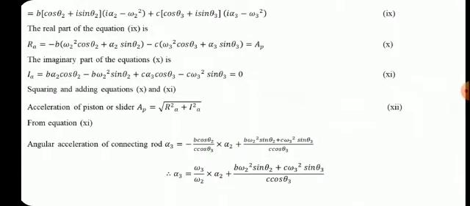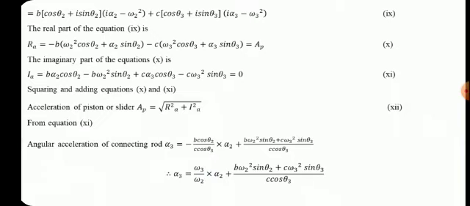b α2 cos θ2 minus b ω2 square sin θ2 plus c α3 cos θ3 minus c ω3 square sin θ3 is equal to 0. Squaring and adding equations 10 and 11, the acceleration of the piston or slider can be given by the square root of the real part squared plus the imaginary part squared.